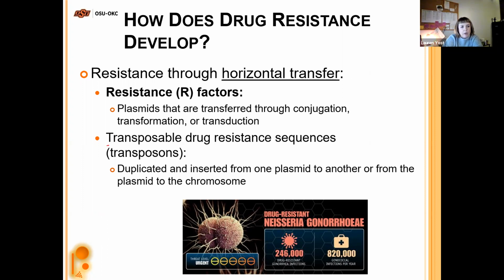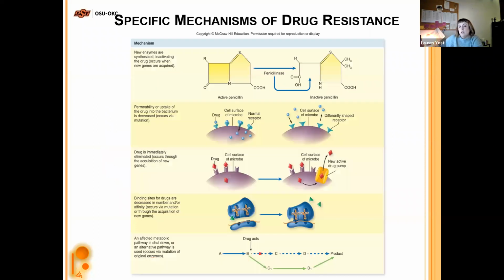We can also see this happening with transposons, those ones that can shift around in locations and can be conferred from the plasmid to the chromosome or the chromosome to the plasmid and back and forth. This was important for the development of drug-resistant Neisseria gonorrhoeae, because gonorrhea is becoming increasingly drug-resistant nowadays.